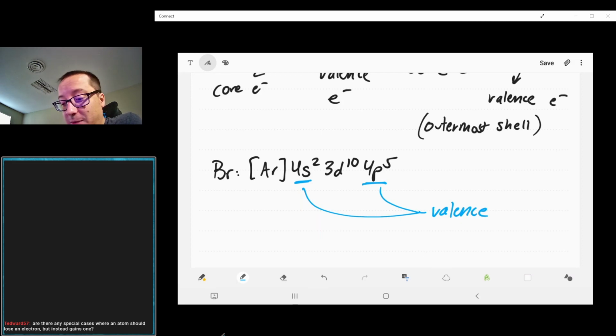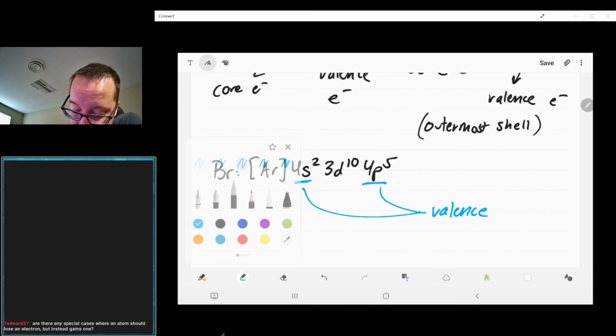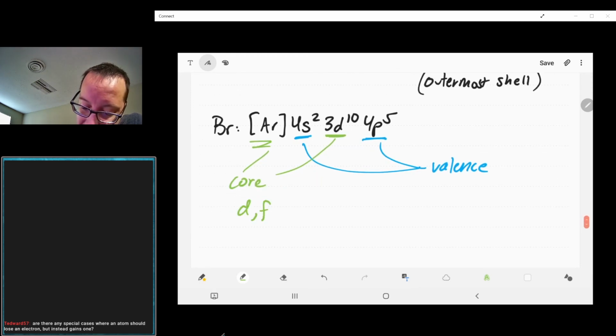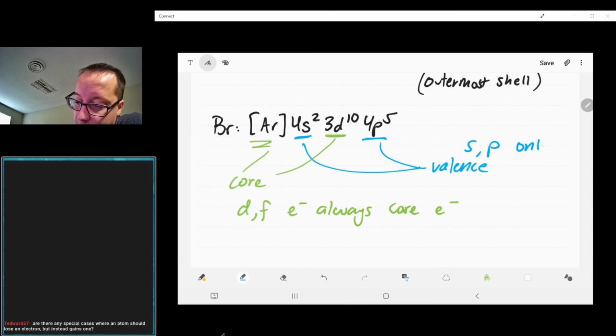And in this case, because we have something in the fourth shell, the third shell is going to be part of the core. So just note that d electrons are always going to be core electrons. So d and f electrons are always core electrons. Valence are going to be from s and p only.